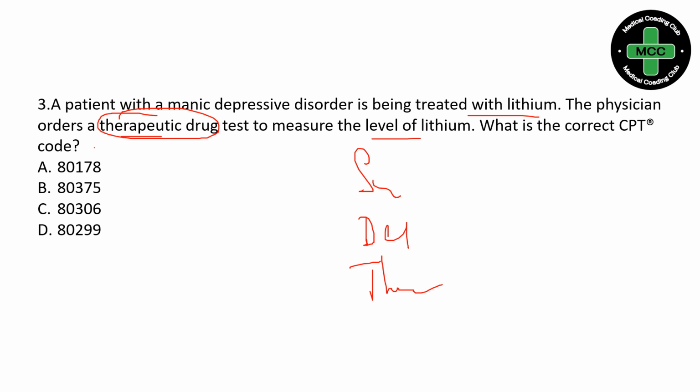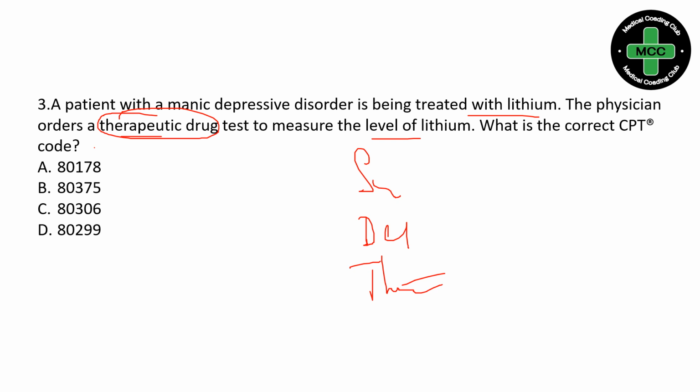And when it comes to the therapeutic drug assay, they take the blood serum or cerebrospinal fluid and measure how much of the drug is there. Maybe the patient is on continuous medication for a long time and it caused some adverse effect or toxicity. For many reasons they will check the level of the drug using serum.